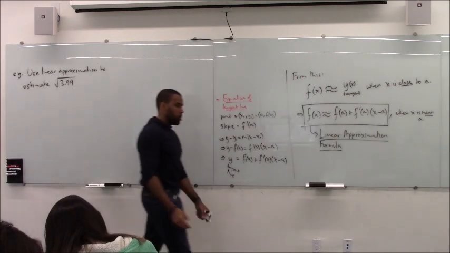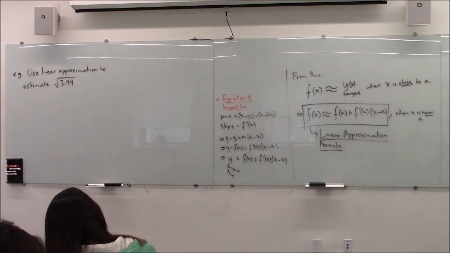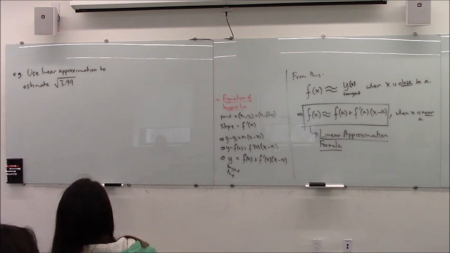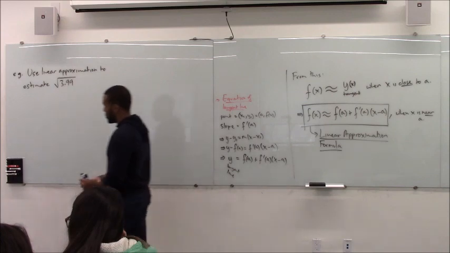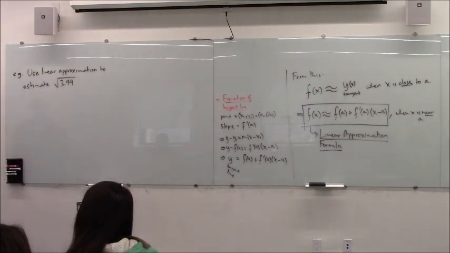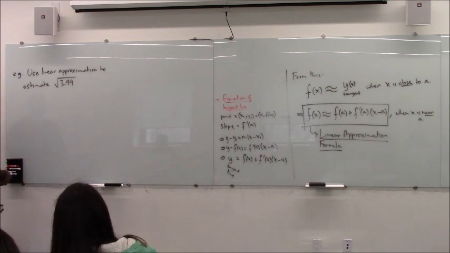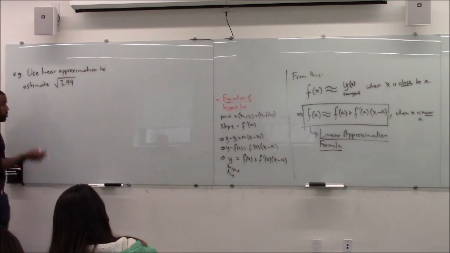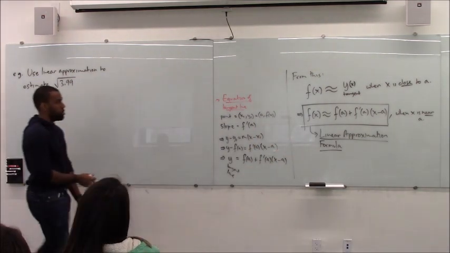So we're going to use this formula and walk through an approximation for that value. Here's how we're going to do it. First of all, we want to use this equation, which means we need to set up a function to measure something we care about.